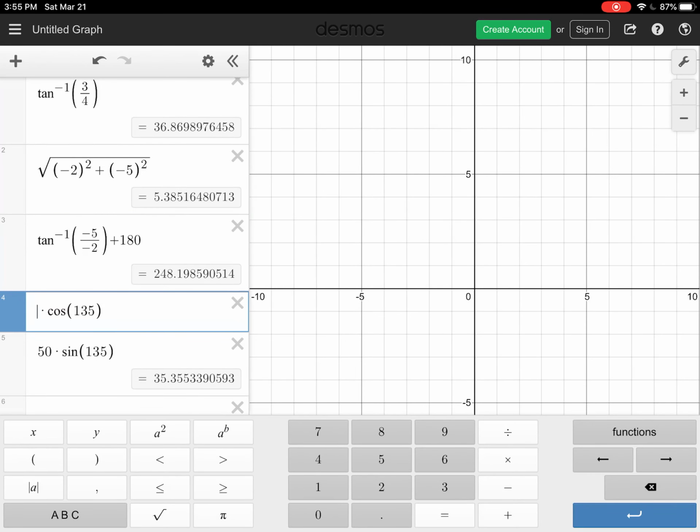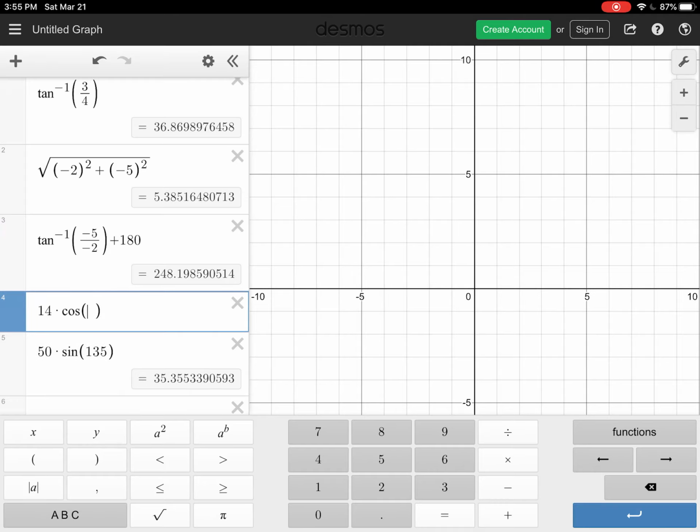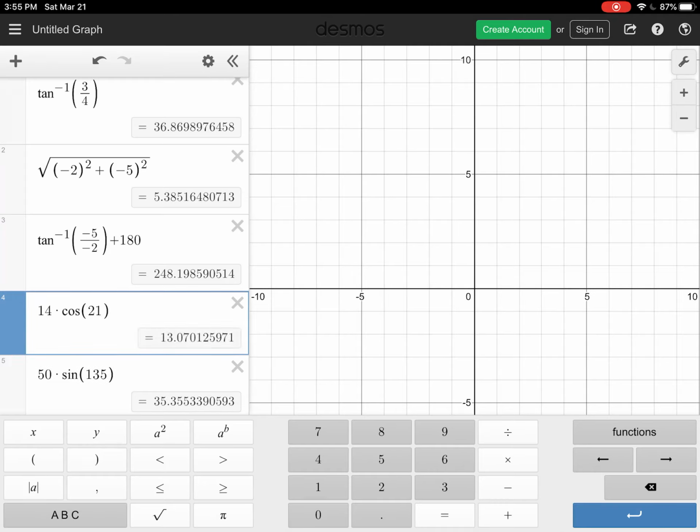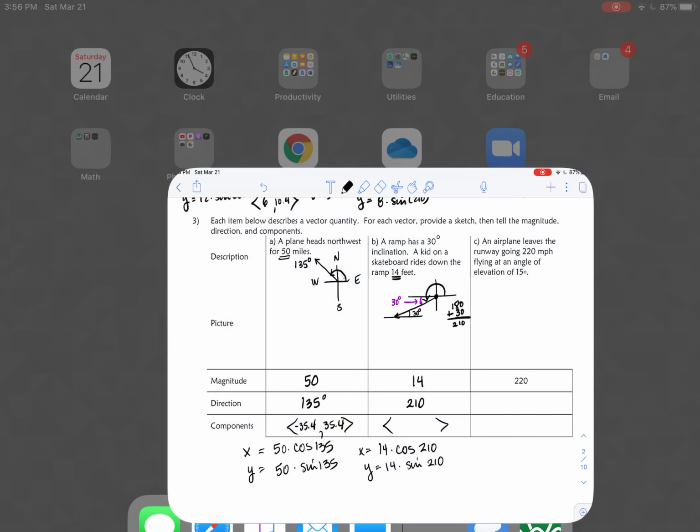So let's come back over here. 14 cosine 210 and 14 sine 210. Okay, so it looks like we're going left 12 and down about 7. So negative 12.1, negative 7.